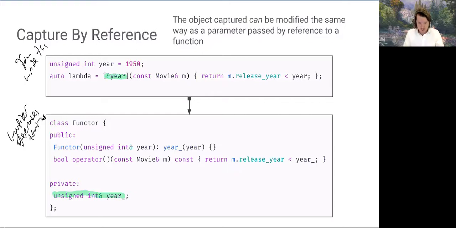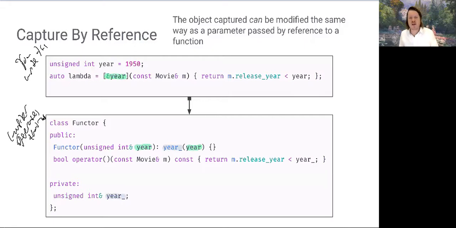So if we go ahead and look, here's where year is getting assigned to. Let me make this a little bit more clear. Those are all associated with the object being captured by reference, and we can see that object is being used to initialize the data member reference year.